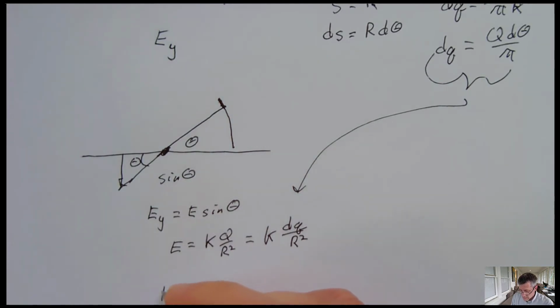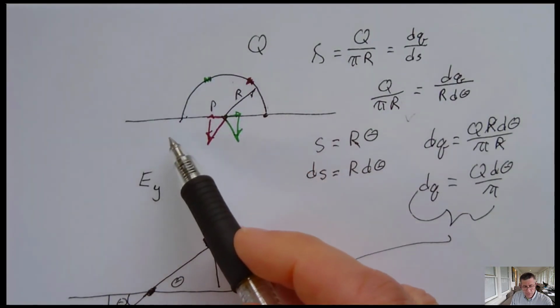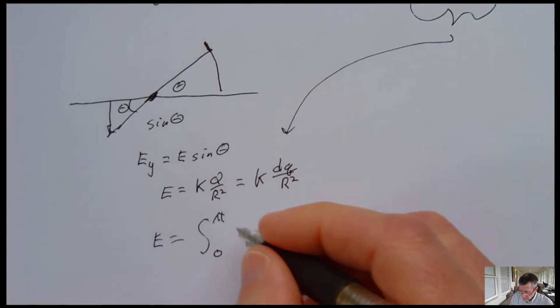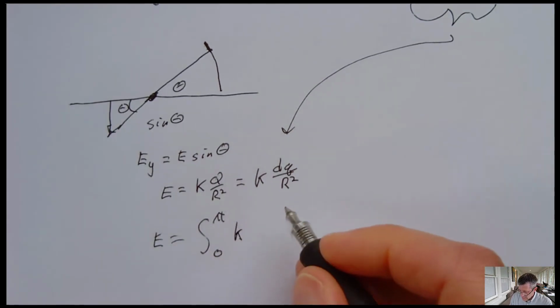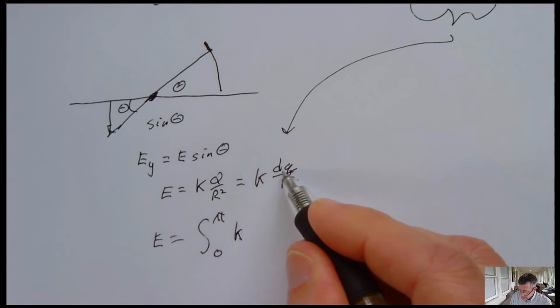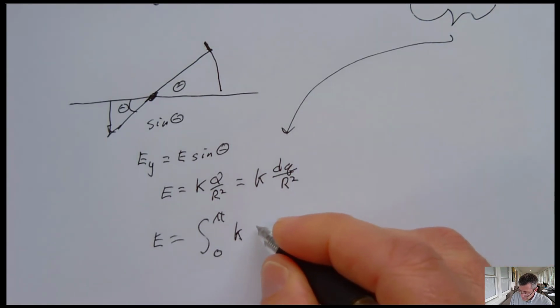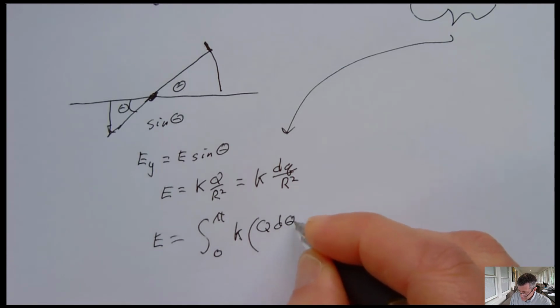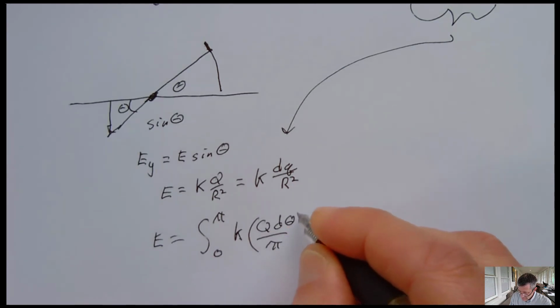Right? So my total amount, I'm going to add up, going from 0 to around my half circle, so 0 to pi. I'm going to have k, and then dq, which is q d theta over pi.